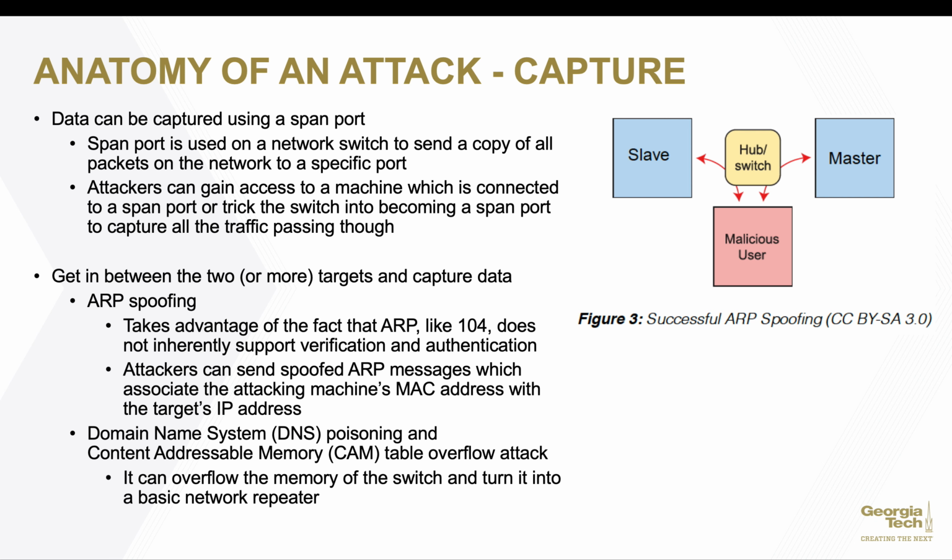An attacker can send spoofed ARP messages, which associate the attacking machine's MAC address with the target's IP address. So every packet which is addressed to the targets will arrive at the attacking machine. Now, the attackers can view and edit all packets being sent between the targets.